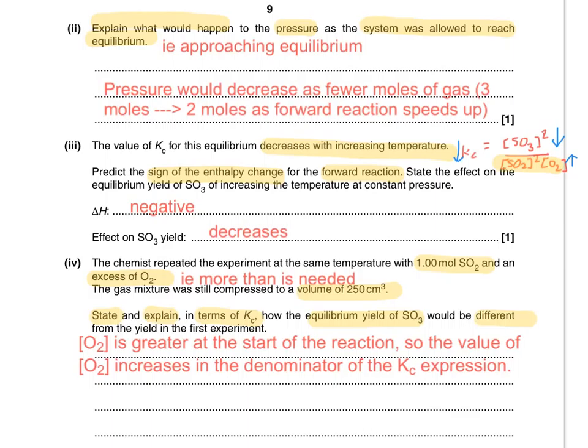So oxygen itself is going up within that part of the Kc expression. However, as the temperature is constant, Kc doesn't change. So therefore, once equilibrium is reached, the yield of SO3 is greater as the excess oxygen is used up.